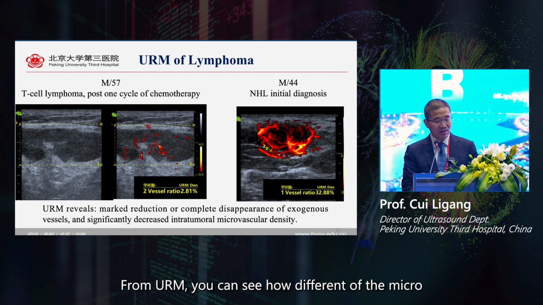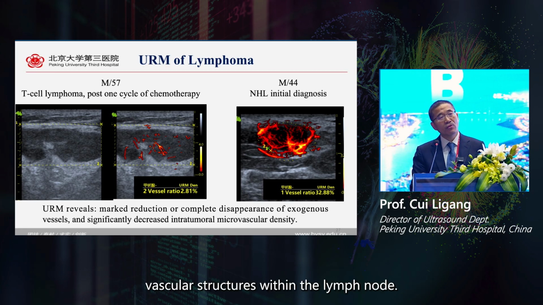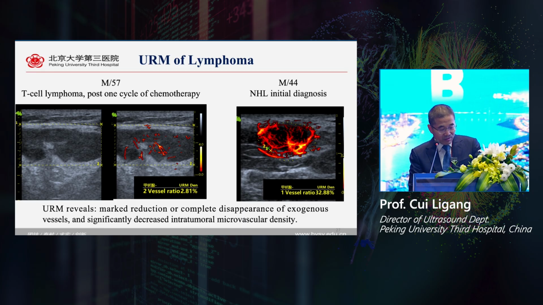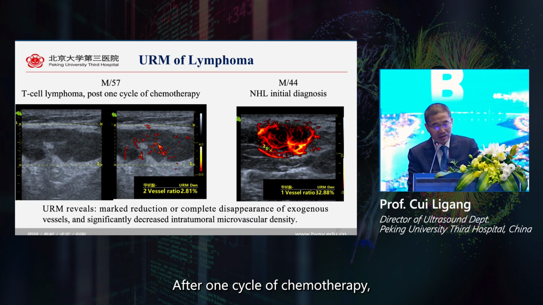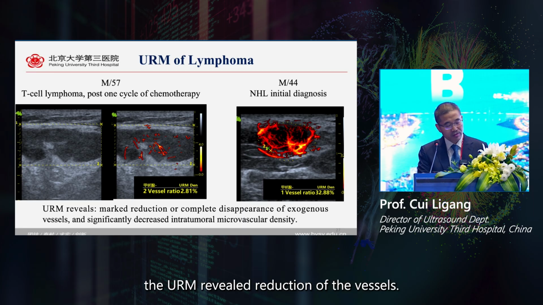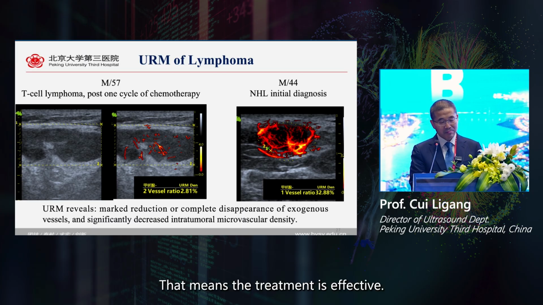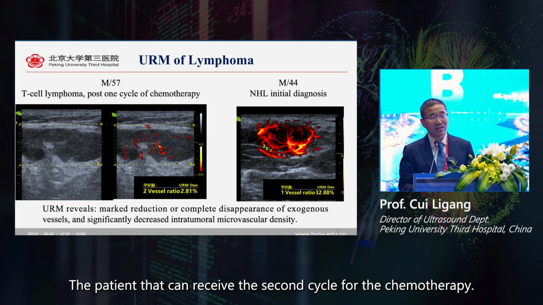From URM, you can see how different the microvascular structures are within the lymph node. After one cycle of chemotherapy, the URM revealed reduction of the vessels. That means the treatment is effective. The patient can receive the second cycle of chemotherapy.